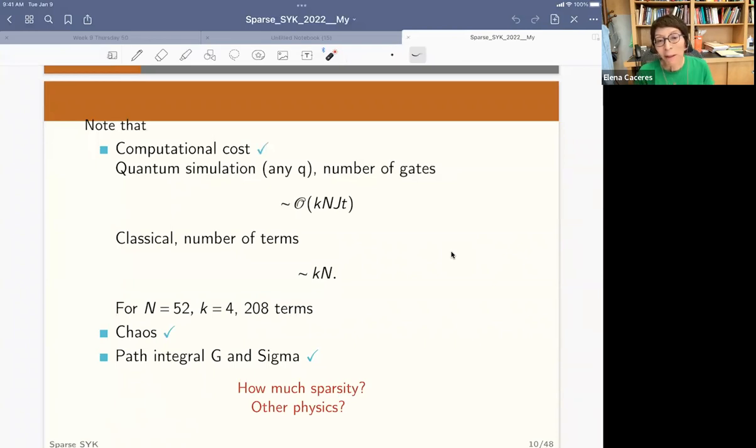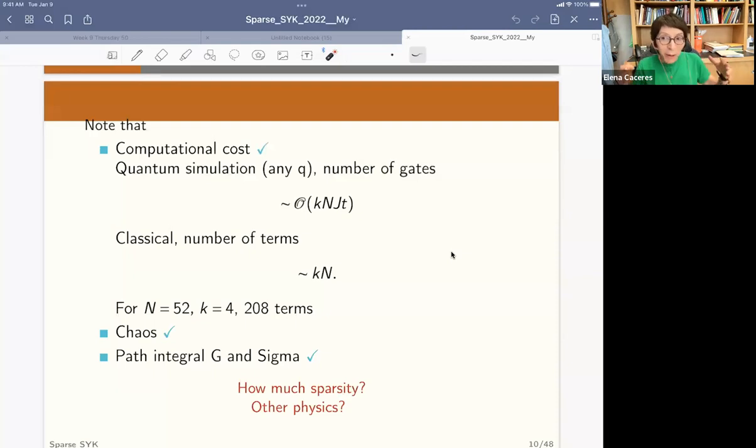One thing that is not very much understood and is still being explored is how much sparsity we can have. This K, which I will show you in a second, is the one that controls the sparseness of the model. As you can see, this K will tell me how many terms I will have at the end.